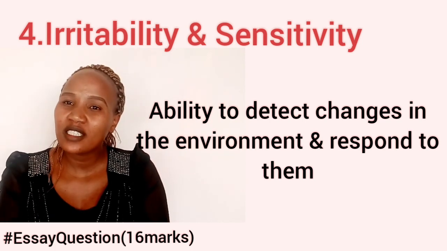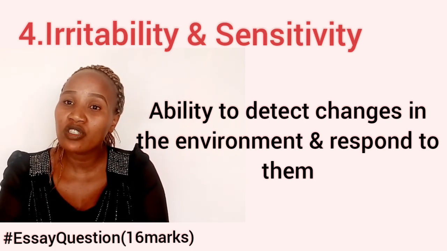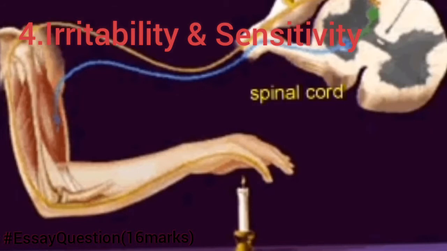Stimuli are the changes in the environment that bring about change in the behavior of how the organism operates. And for any living organism, it has to show this basic feature.